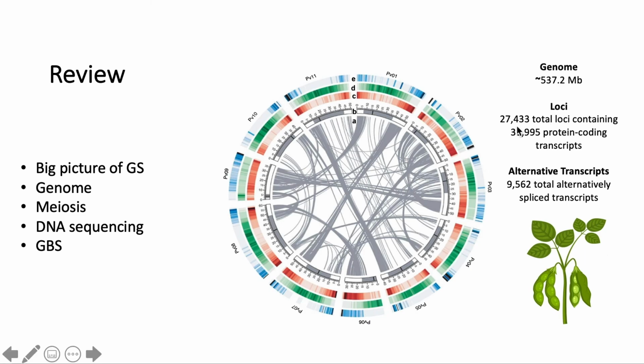Remember that common bean has alternative splicing, so in total there are almost 37,000 protein coding transcripts. And meiosis is so important because it is the way that in breeding programs we produce genetic variation between the populations.